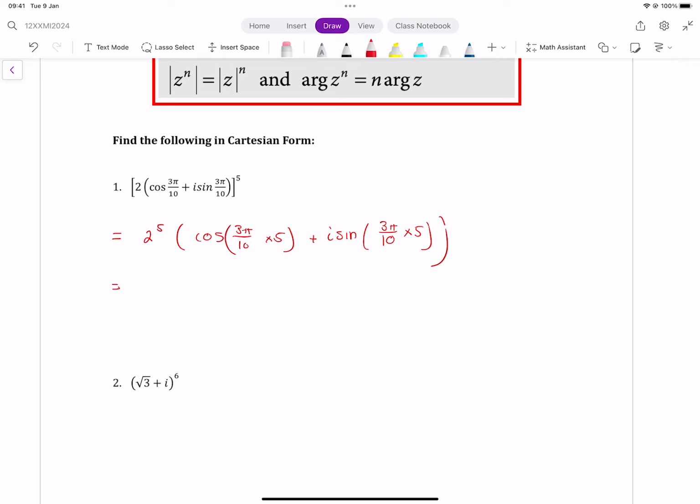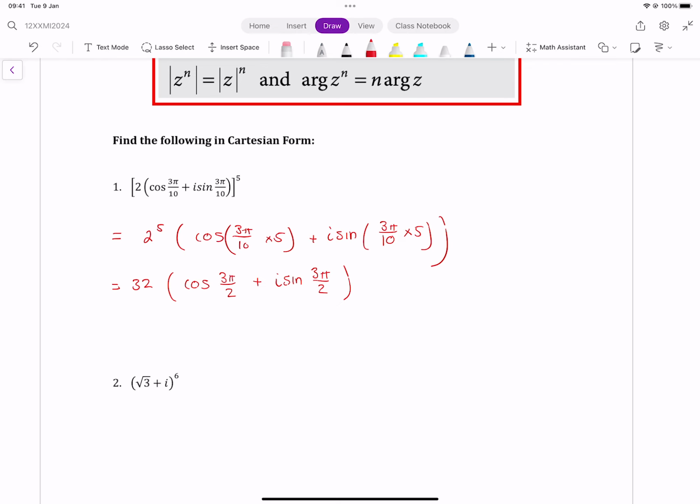So 2 to the power of 5 is 32. And then we've got cos, now 3 pi on 10 times 5 is 3 pi on 2. So cos of 3 pi on 2 plus i sin 3 pi on 2.